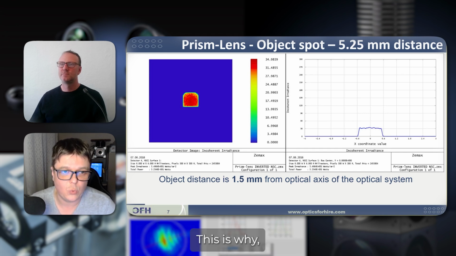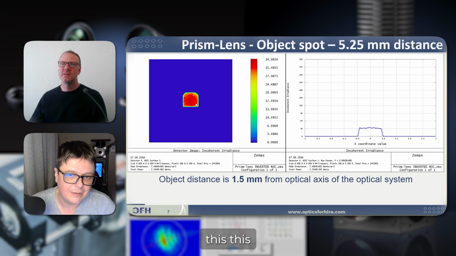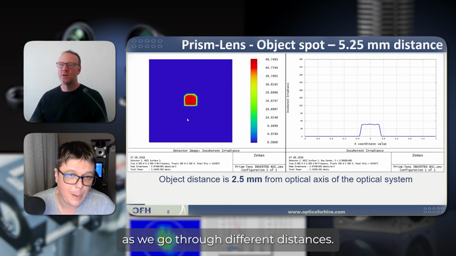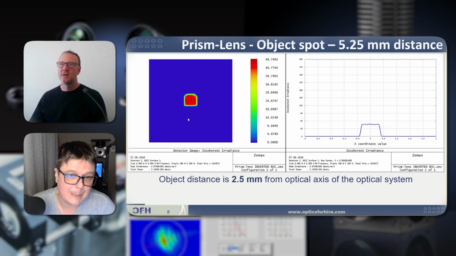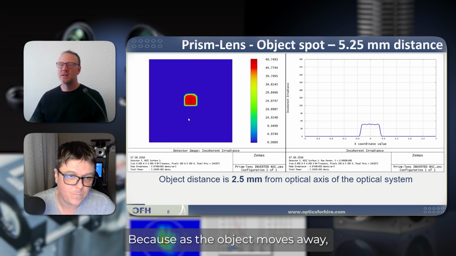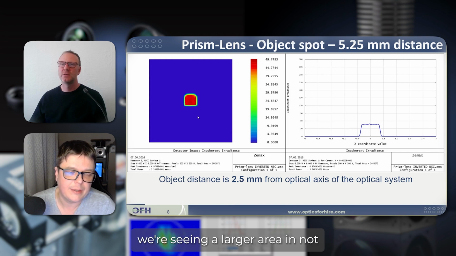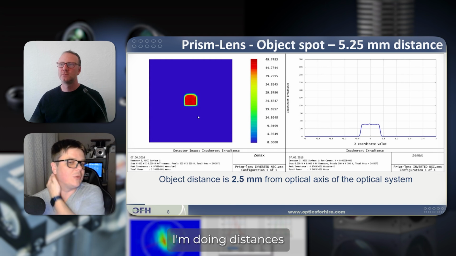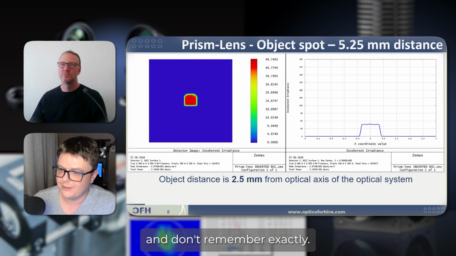We need to define what area can be seen through all this optical system. As I see it, this image gets smaller as we go through different distances. And that makes sense, right? Because as the object moves away, we're seeing a larger area. This is not object distances. I don't remember exactly.